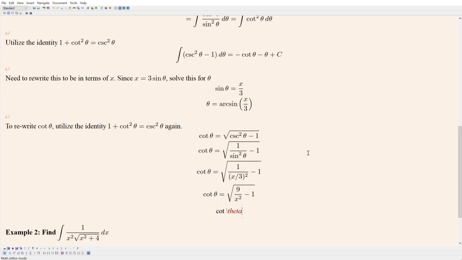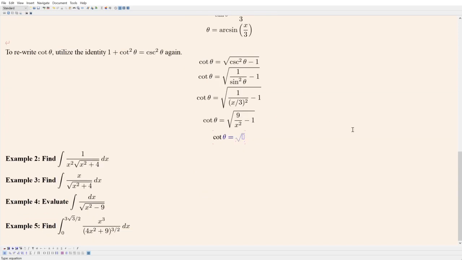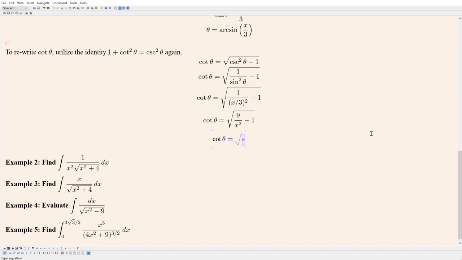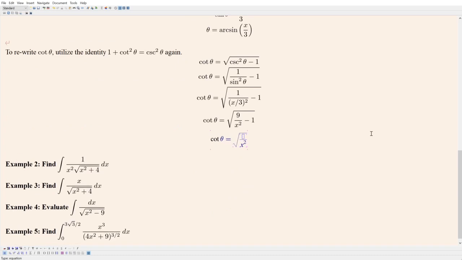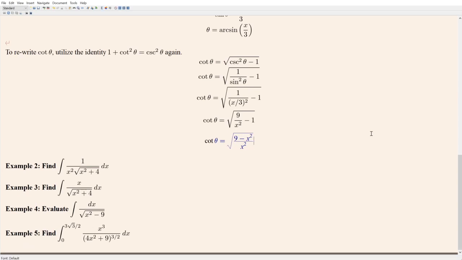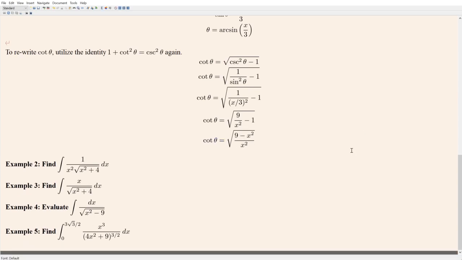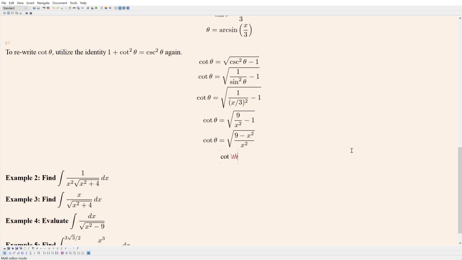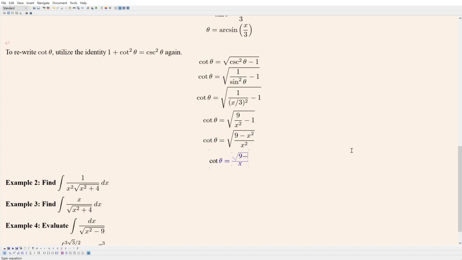And then because I feel like it, I want to write this as a single fraction. So the common denominator is x squared, 9 minus x squared, like so. And then we can square root the top and the bottom to get, like so.